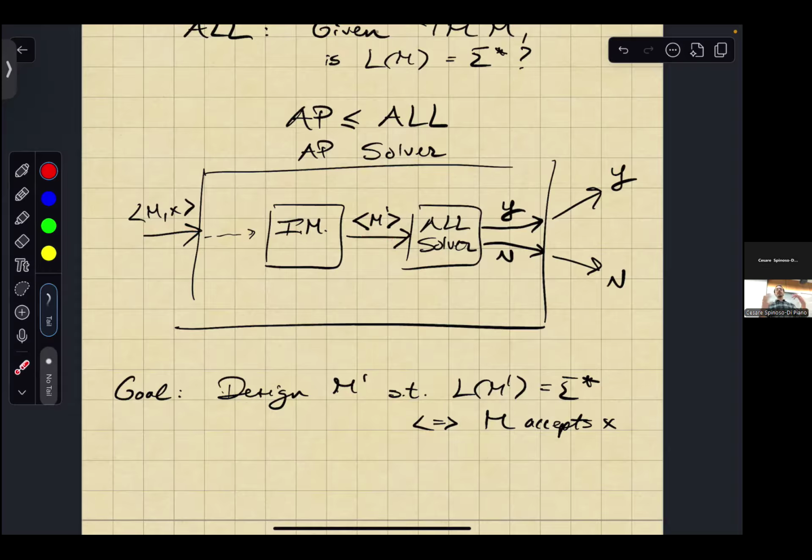It's kind of a second order function: it takes in a Turing machine, which is itself a function, and outputs another Turing machine, which is also a function.